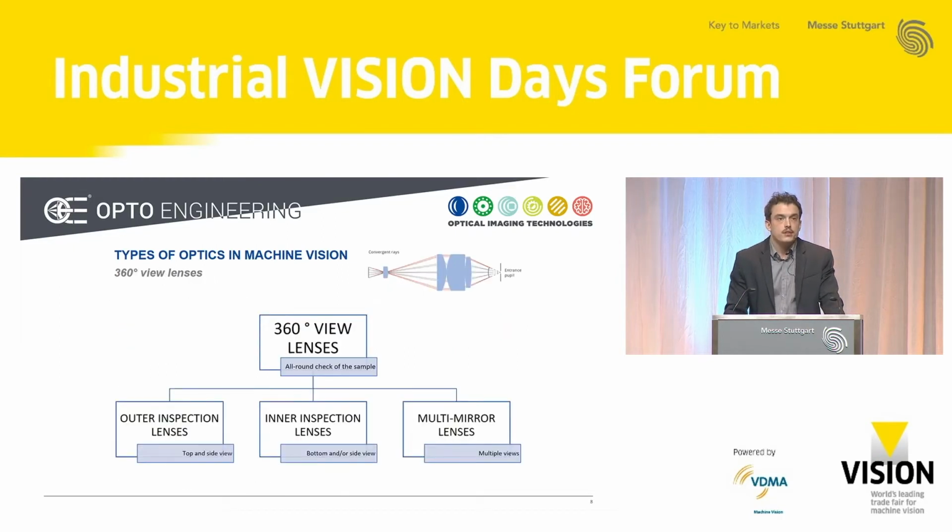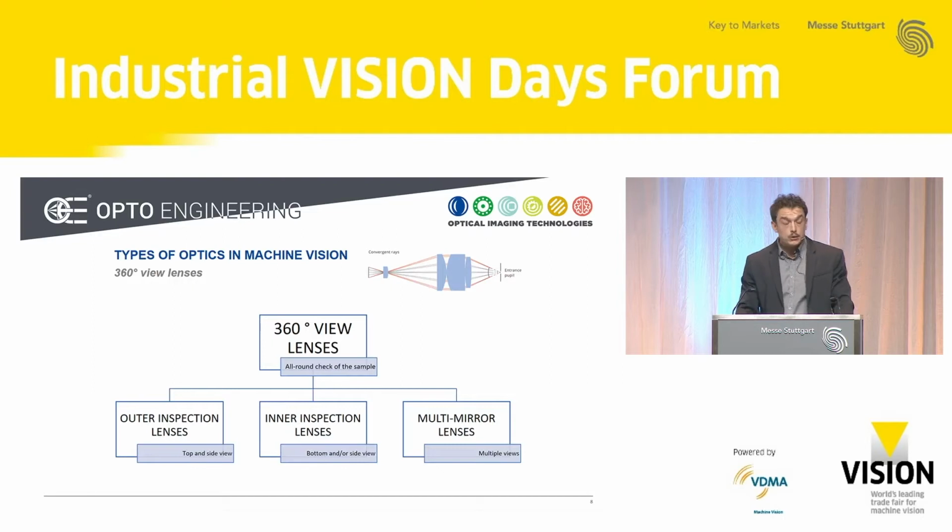And then there is a third type of optics, which is basically the core of this presentation, that is represented by 360-degree view lenses. These lenses are designed to perform an all-round check of the objects with just one image, so with just one camera. And we can further divide these optics into three main groups.